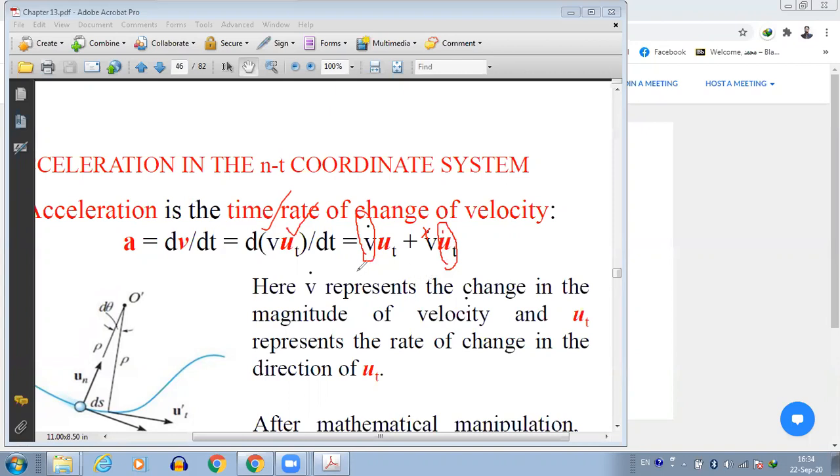So we have two components of acceleration: the tangential component of acceleration and the normal component of acceleration. The tangential component means change in the magnitude of the velocity. This is the regular acceleration that we know. But the normal component of acceleration means change in the direction of the velocity.